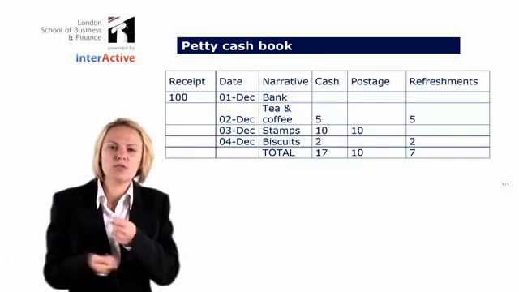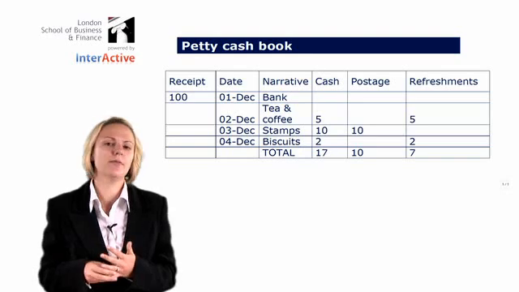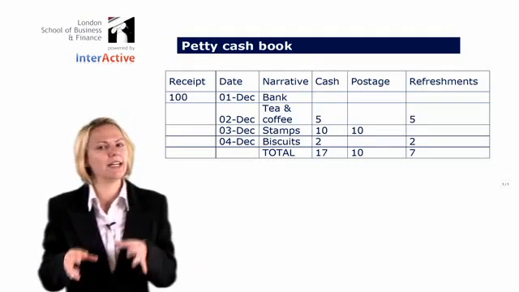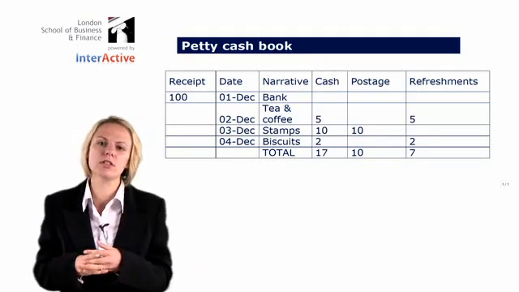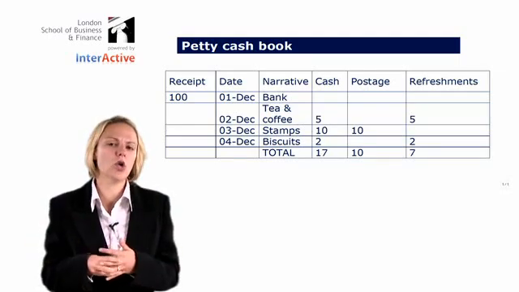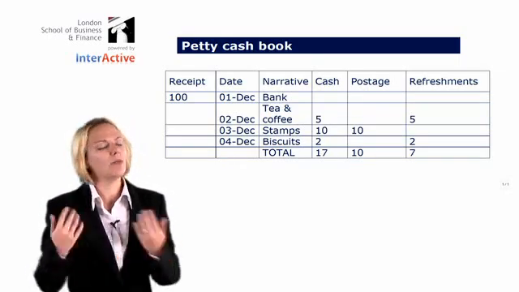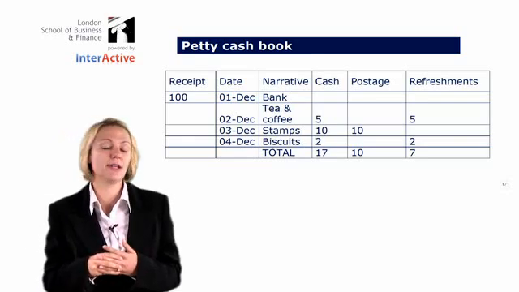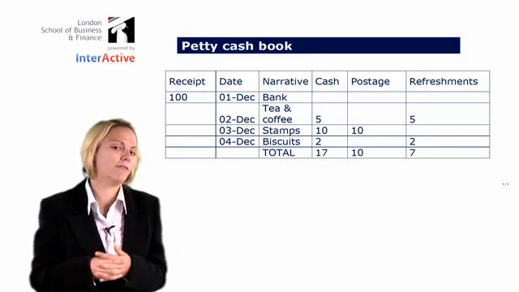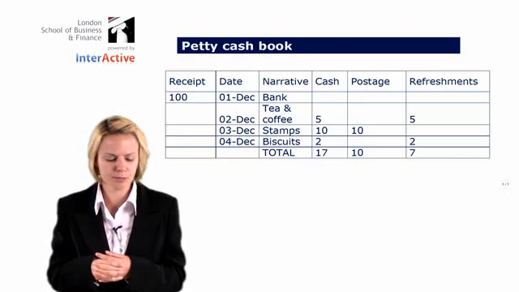So it's really for small miscellaneous expenditure. But that expenditure is still an expense in the financial statements. So we still need to record it in the book of prime entry, and we still need to post the totals to the main ledger for posting to the financial statements later on.